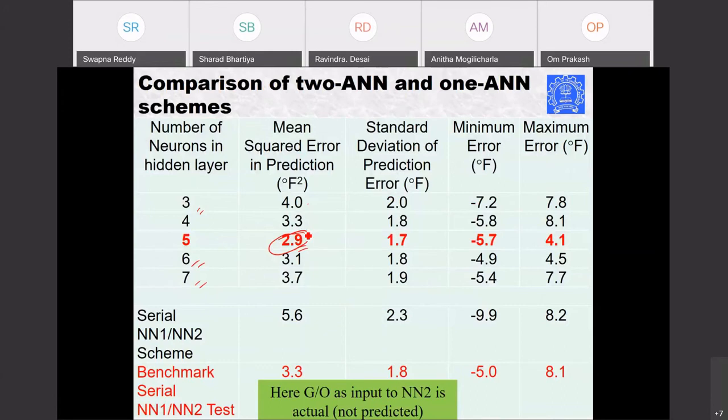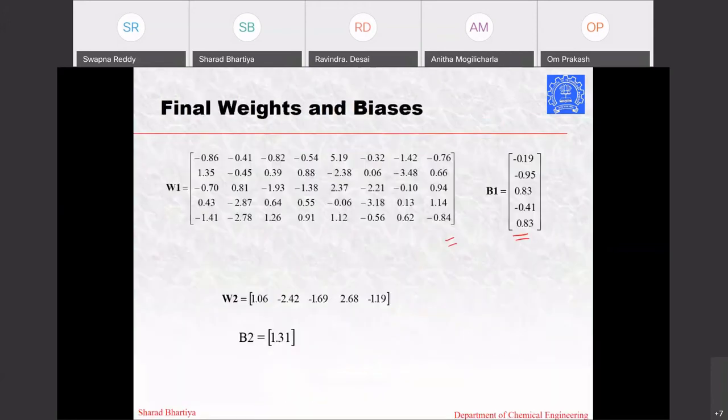Here, it's not just the epoch; I had done cross-validation to stop in each of these different neural networks. This is the test set. On a common test set, we reported these values, and you can see that 2.9 was the best, and beyond that it became worse again. So here was the performance of that ANN.